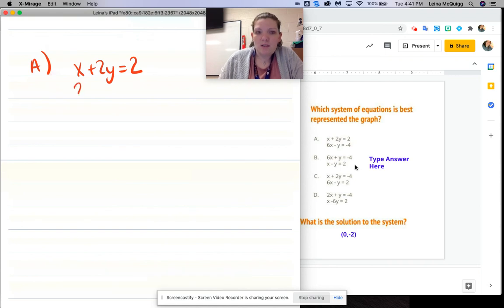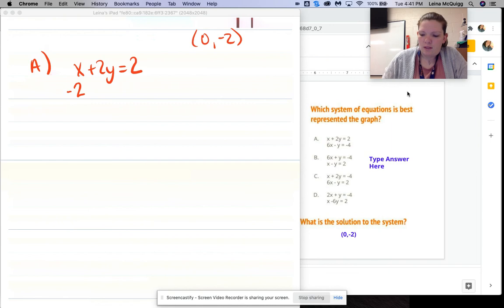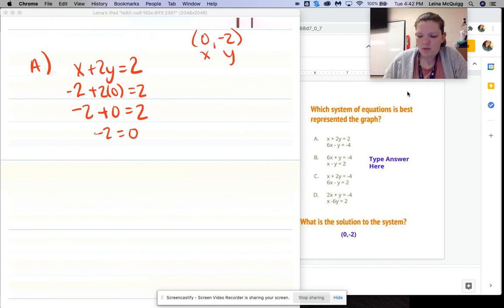So my x is 0 and my y is negative 2. So 0 plus 2 times negative 2 equals 2. Well, that's 0 plus negative 4, so that gives me negative 4 equals 2. That is not true. So A is not my answer.